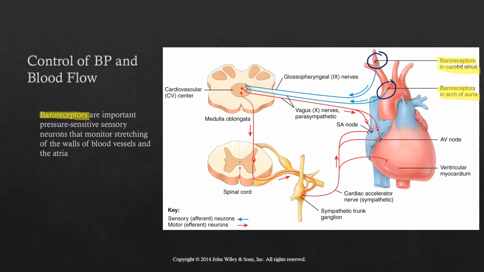We do also have a couple of baroreceptors in other large arteries in the neck and chest, but these receptors are going to send impulses to the cardiovascular center to help regulate blood pressure. So the cardiovascular center is indicated right here. Now these baroreceptors actually get us what is called baroreceptor reflexes.